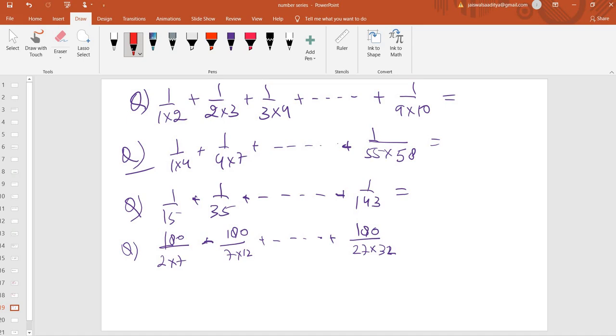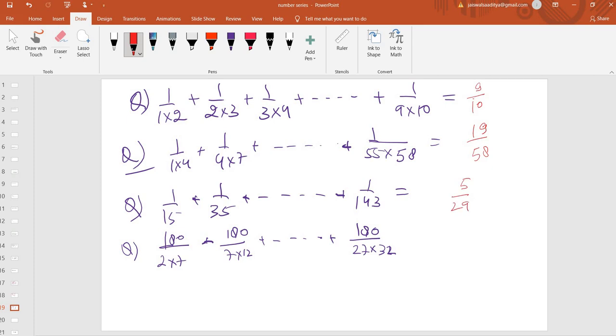Okay. The answer for the first one is 9 by 10. The answer for the second one is 19 upon 58. The answer for the third one is 5 by 29.